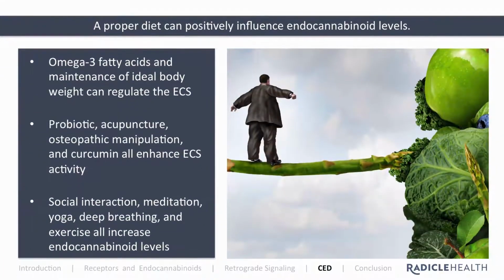There are many modalities helpful for upregulating the ECS. A proper diet, exercise, stress management, massage, and acupuncture can all positively influence endocannabinoid levels. Pharmaceuticals, such as analgesics, anti-inflammatories, antidepressants, antipsychotics, and anticonvulsants, also influence endocannabinoid signaling.